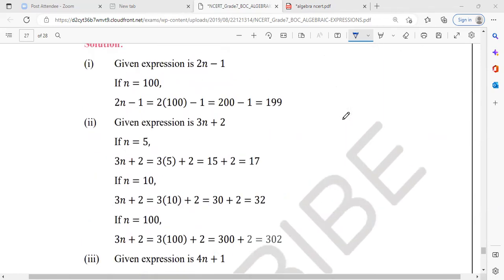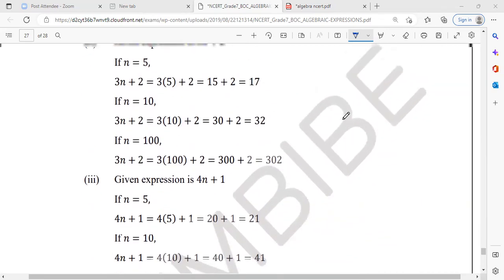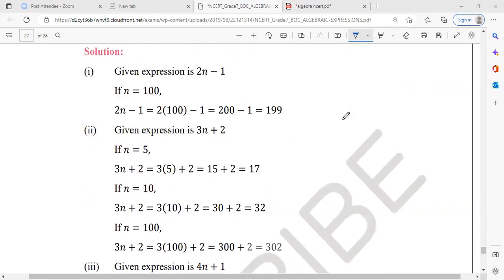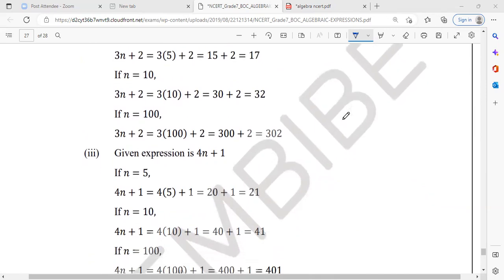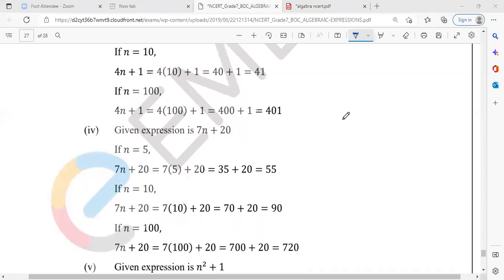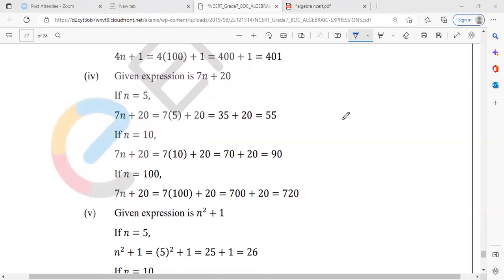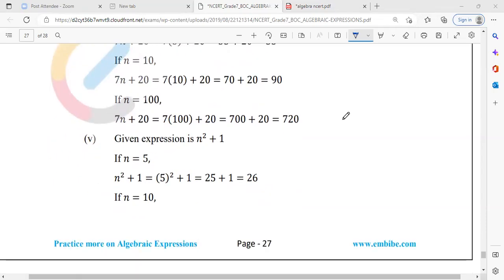Ma'am, the 100th row, I got 199. 302. 401. 720. Okay, good. Next. 1000. Ma'am, 10001. Okay.